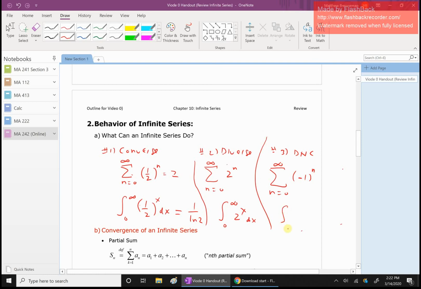And if we looked at this integral from 0 to infinity of sine of x pi over 2, and we applied the criterion for this improper integral to converge, we'd see that it doesn't.